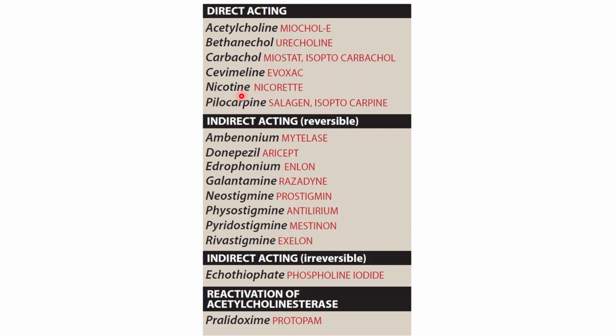Nicotine is the alkaloid of tobacco, and pilocarpine is an alkaloid of many herbs, plants from which drugs can be obtained.